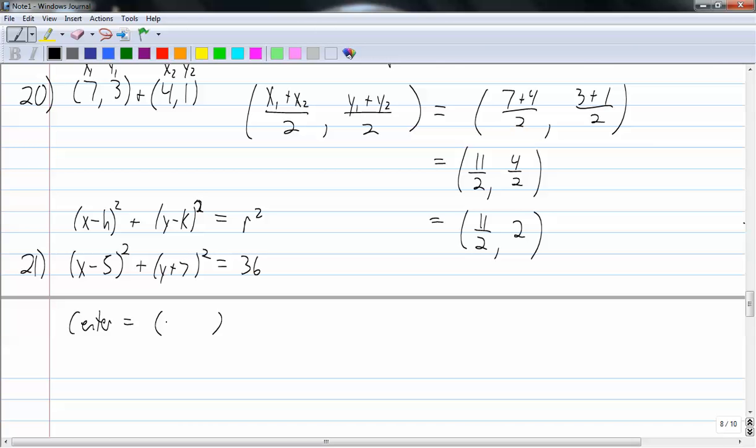The opposite of -5 is +5. The opposite of +7 is -7. So my center is 5, -7. The radius is r squared in the formula, so to find the radius you take the square root of the given number. The square root of 36 is 6. So the center is 5, -7, the radius is 6. That's C.